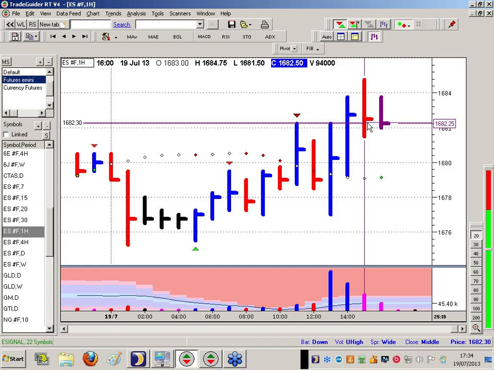Now the chart we have up on the screen at the moment is a 30-minute chart of the mini S&P 500 future. And there's no specific reason why I've got this chart up. You can look at any chart. Sometimes one chart will hold a little bit more information than others.